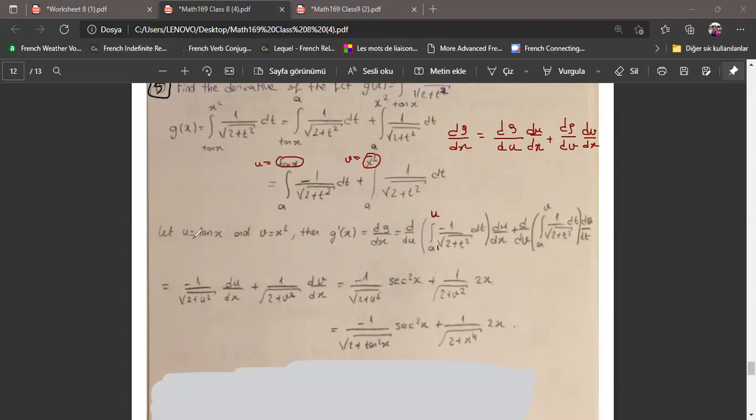And du over dx, you know that the derivative of tangent x with respect to x is equal to secant squared x, and dv over dx is 2x, right? So we have this now. And remember, we need to find dg over dx, so all terms should be in terms of x. So we just plug u equals to tangent x and v equals to x squared and get these, right?